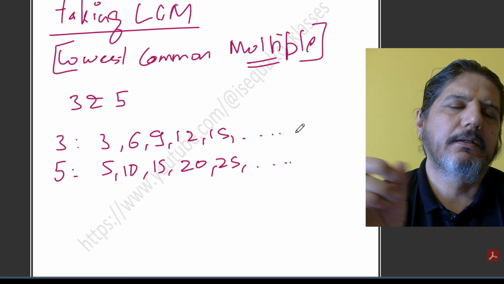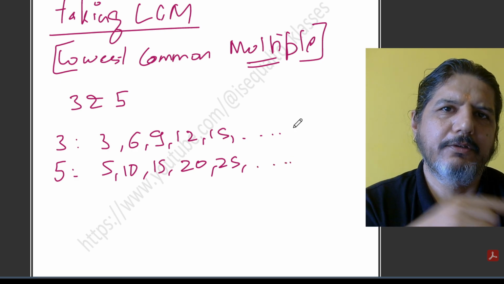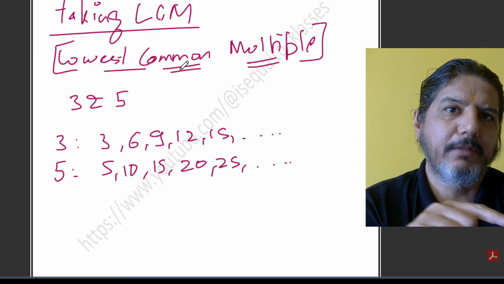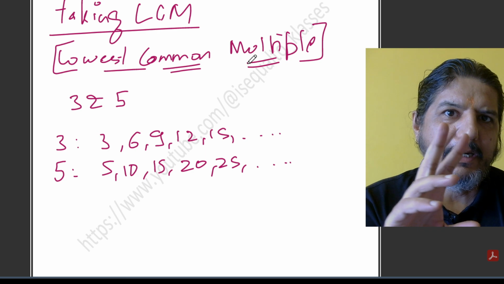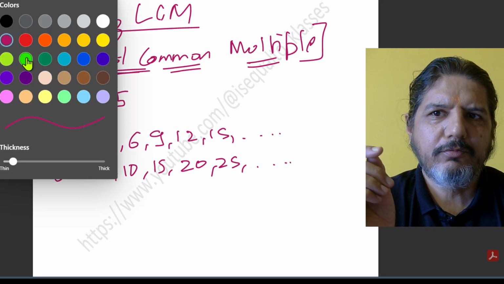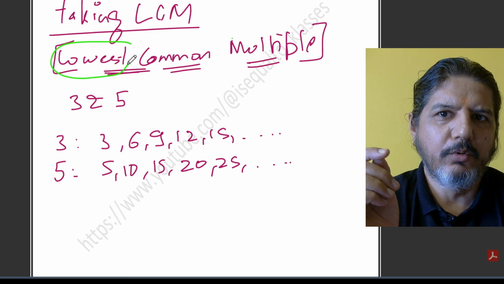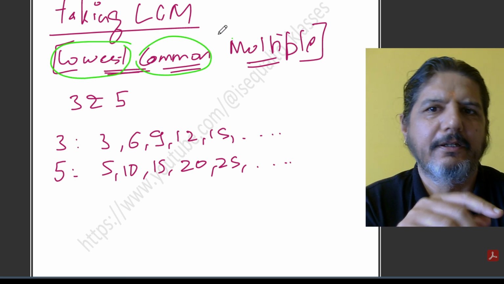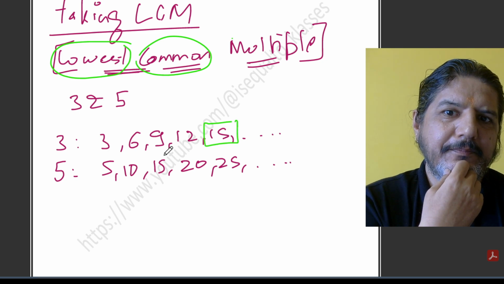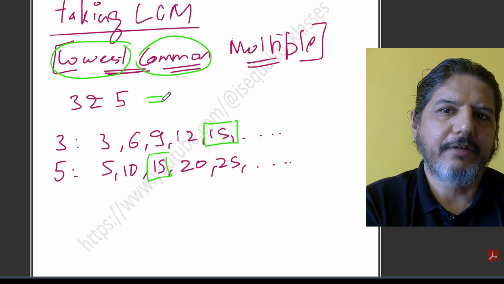Now you have to find the common multiple, and it should be the lowest also. So basically we have to find the lowest common multiple. Now if you look closely, the lowest common multiple is 15. So the LCM of 3 and 5 would be 15.